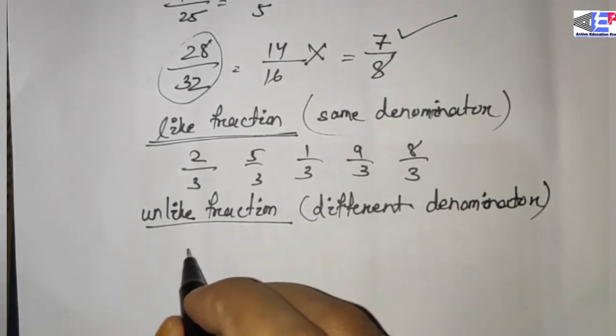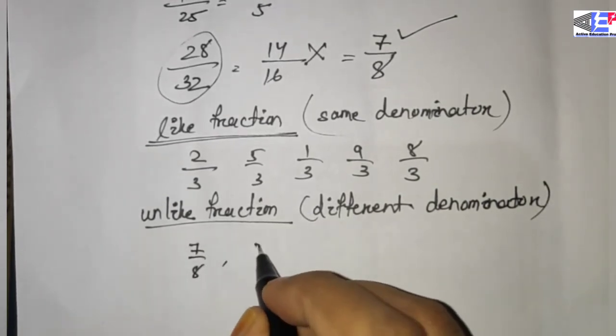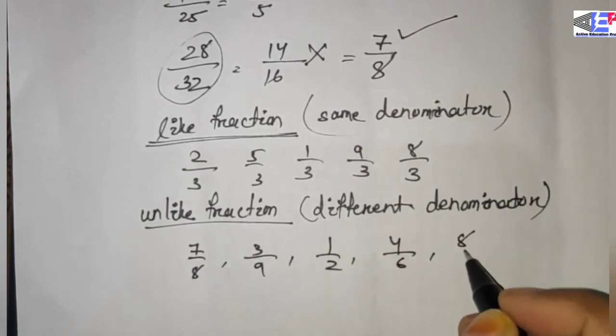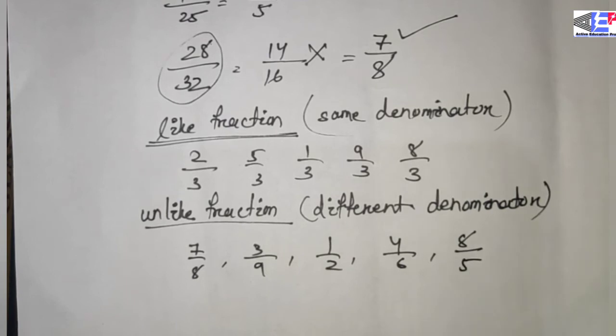Suppose the example 7 by 8, 3 by 9, 1 by 2, 4 by 6, 8 by 5. There are also 5 fractions having different denominators. So these are unlike fractions.